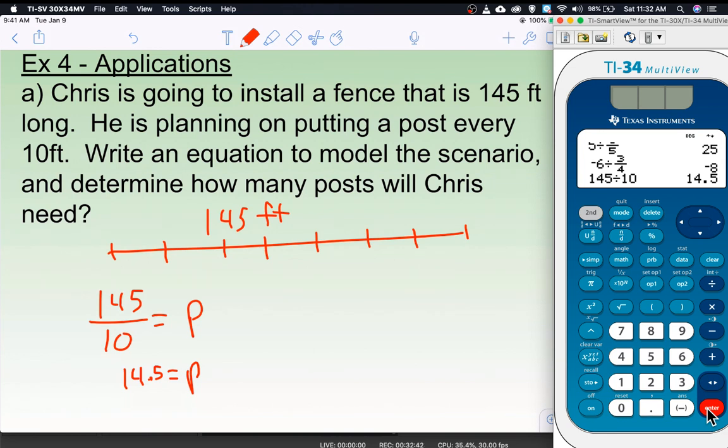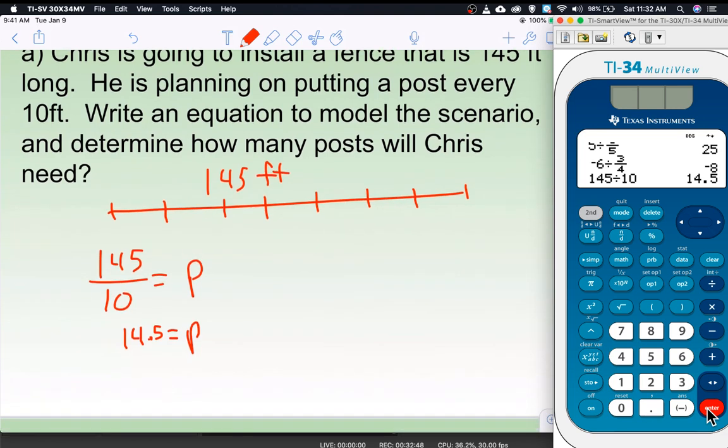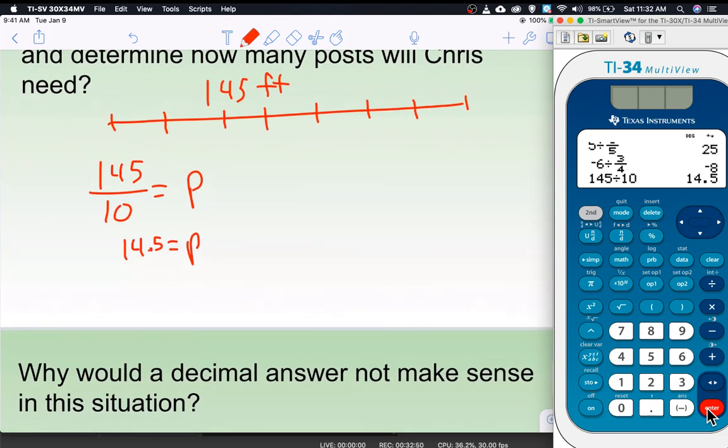Now this answer is a little strange if you think about it, because my next question down here says, well, why would a decimal answer not make sense in this situation? I got 14.5. I mean, I divided, just like we said. Well, do you think he really wants half of a post somewhere?